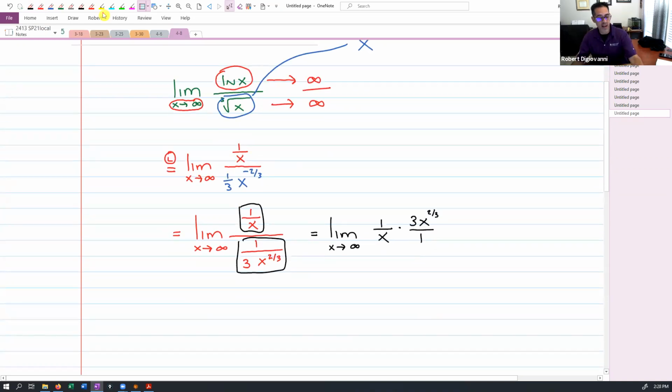The reason I did that is because I can now use properties of exponents to figure out what that is. x to the 2/3 over x to the 1 is x to the 2/3 minus 1, which is x to the negative 1/3. Just properties of exponents.